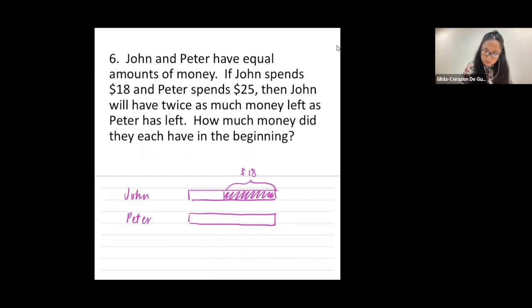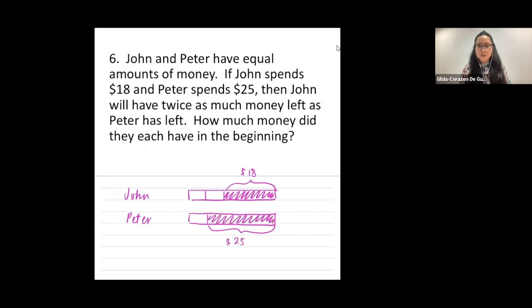Now, Peter, on the other hand, he spent $25, but it says that then John will have twice as much money left as Peter has left. So then you could probably say John has twice as much. And where would 25 be? You would probably say because we just want to have one part left for Peter, as compared to John's 2 parts, then this one would have to be $25, right?